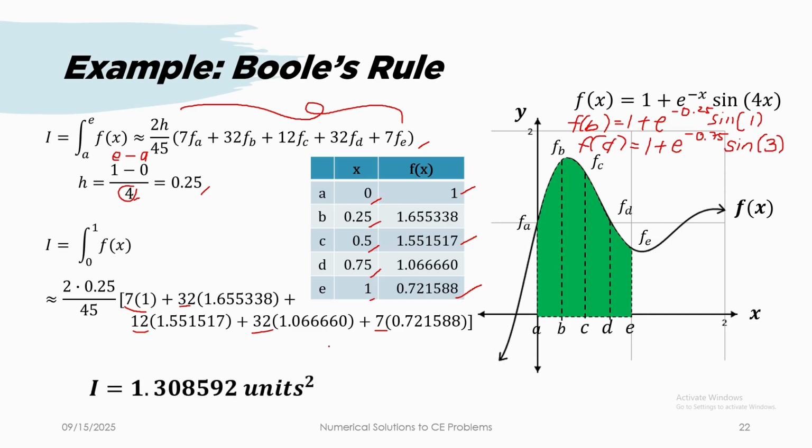That would lead us to an estimated area under the curve being 1.308592. It's denoted here by the green area. If you still see some light blue, then that's the error.